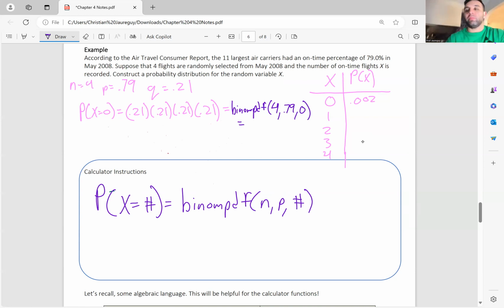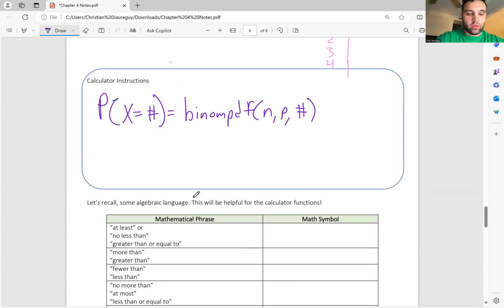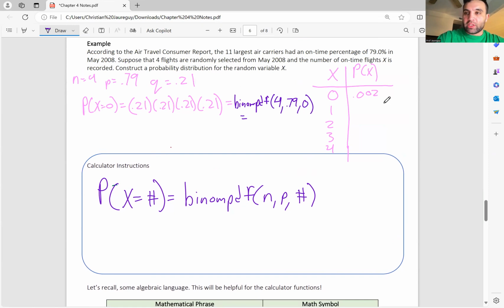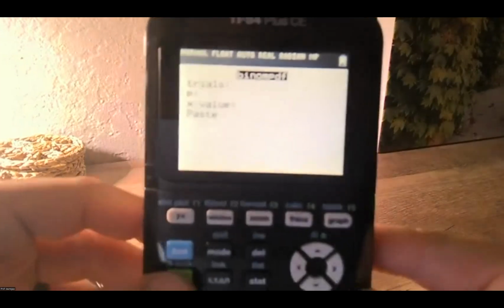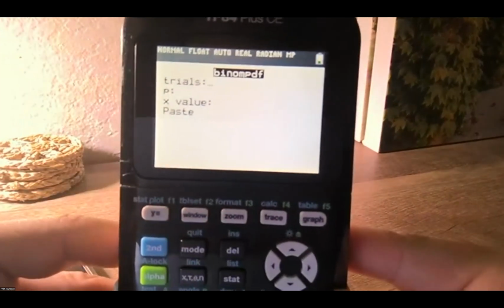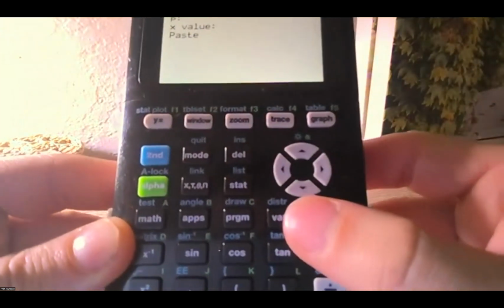So go ahead and open up your calculators. And let me switch the camera here. All right, so where we're going to go is we're going to get that distribution.